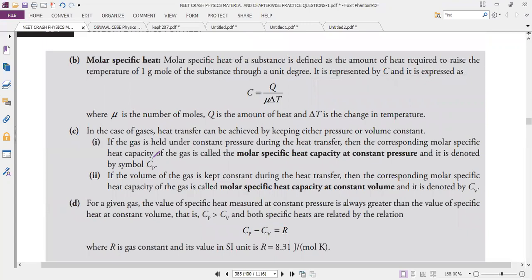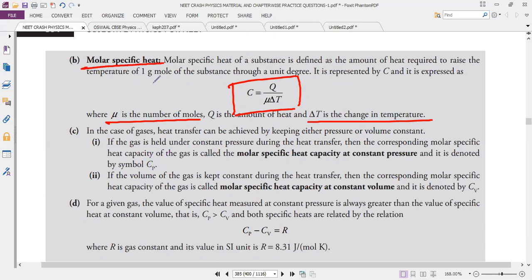Molar specific heat capacity, or molar specific heat, C is equal to Q divided by mu del T. Mu is the number of moles. Q means it is the amount of heat. Del T changing temperature.